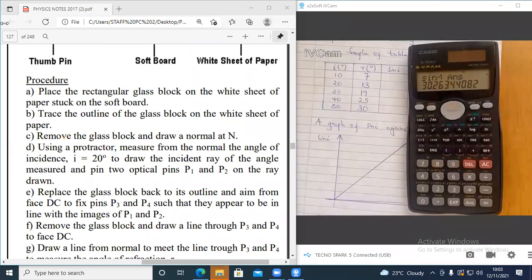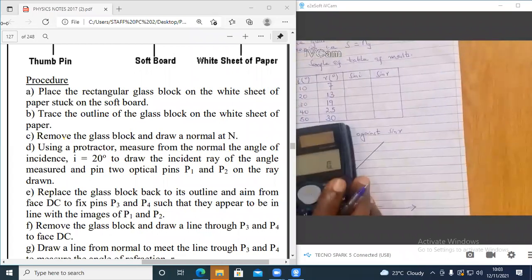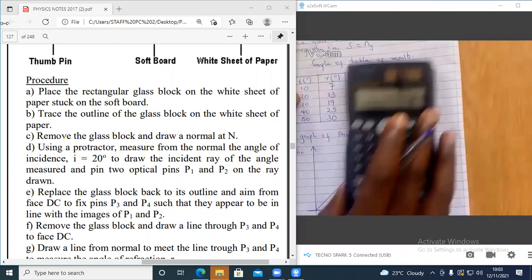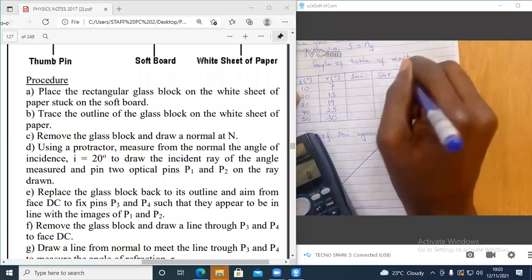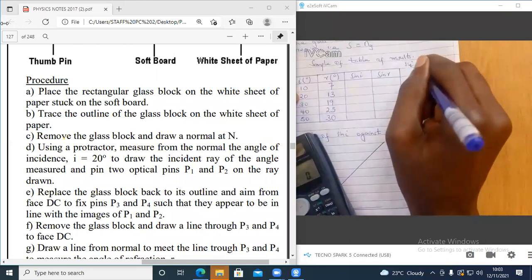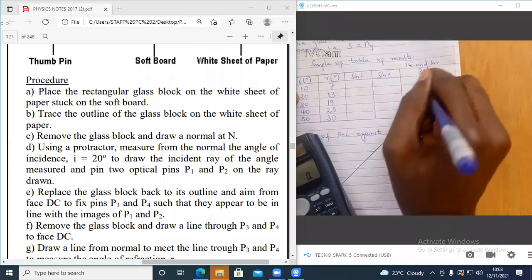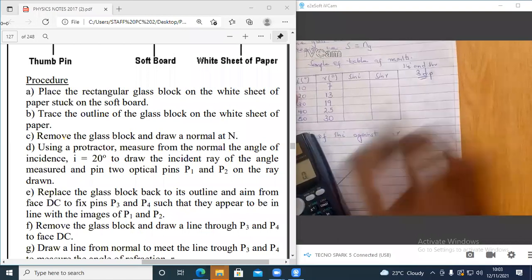Now let's complete our table. I want to get sine of I, which means sine of 10. When you are recording sine I and sine R, they are recorded to 3 decimal places.